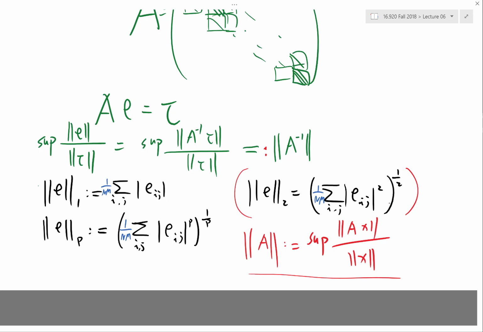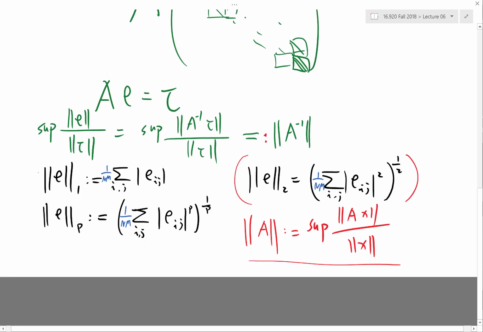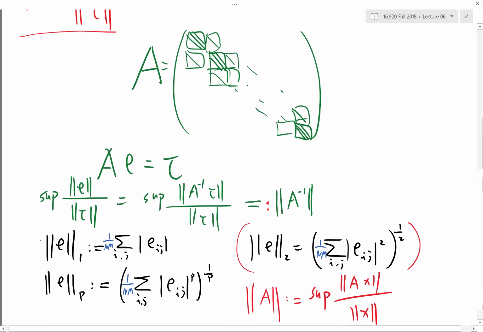The corresponding matrix norm is the largest absolute value of the eigenvalues of the matrix. It's also called the spectral norm. So that's something we can always use in this scenario.